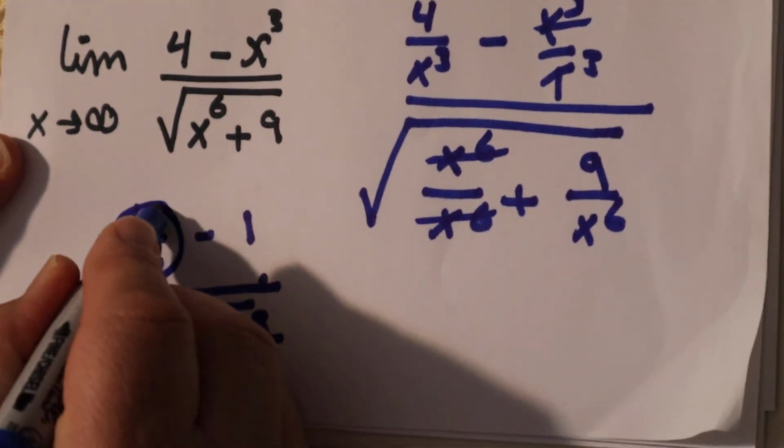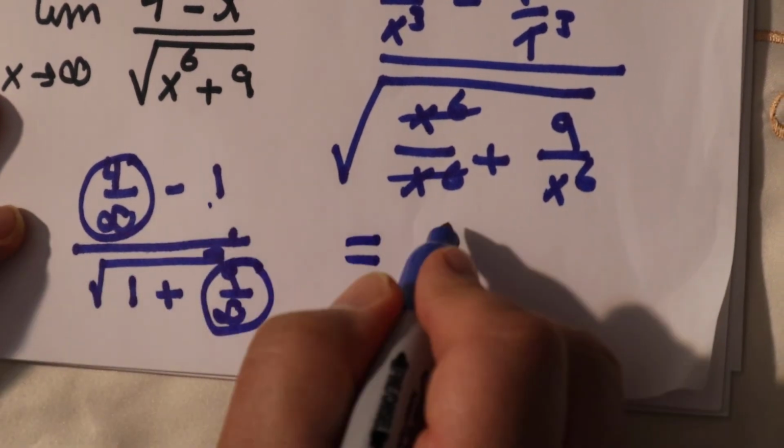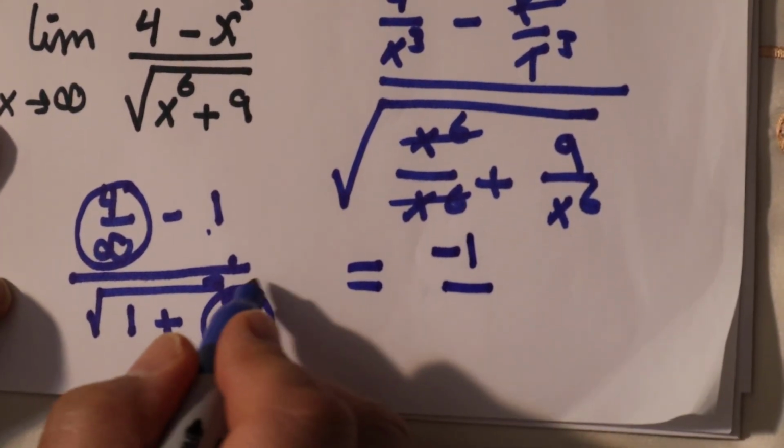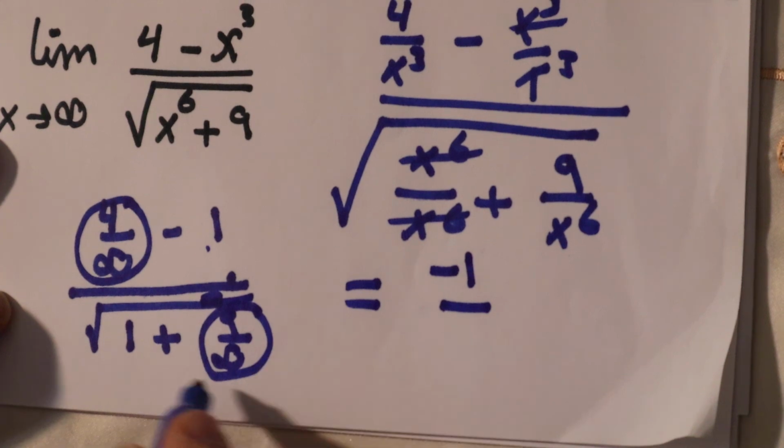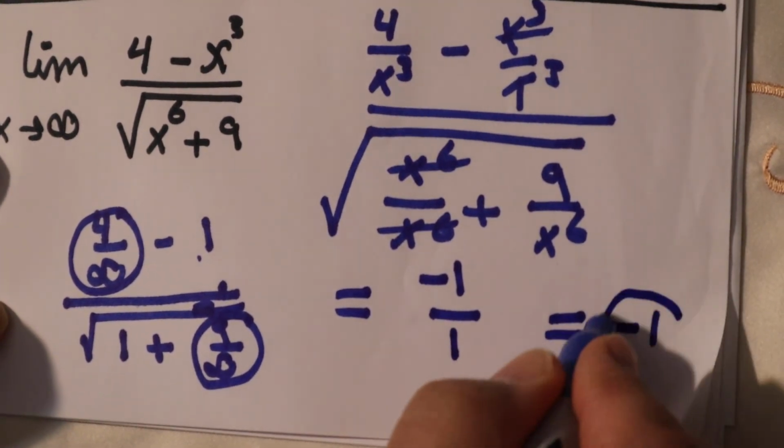So this will be 0, and this will be 0. So it will be 0 minus 1, which is negative 1, over the square root of 1 plus 0, which is 1. The final result will be negative 1.